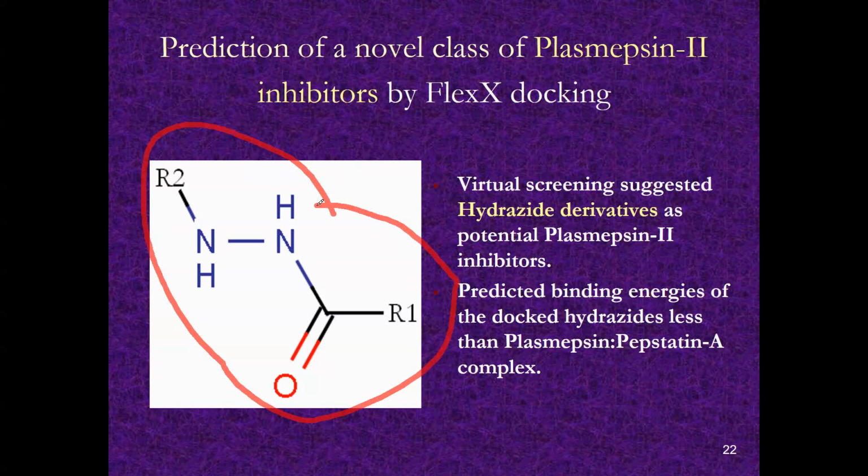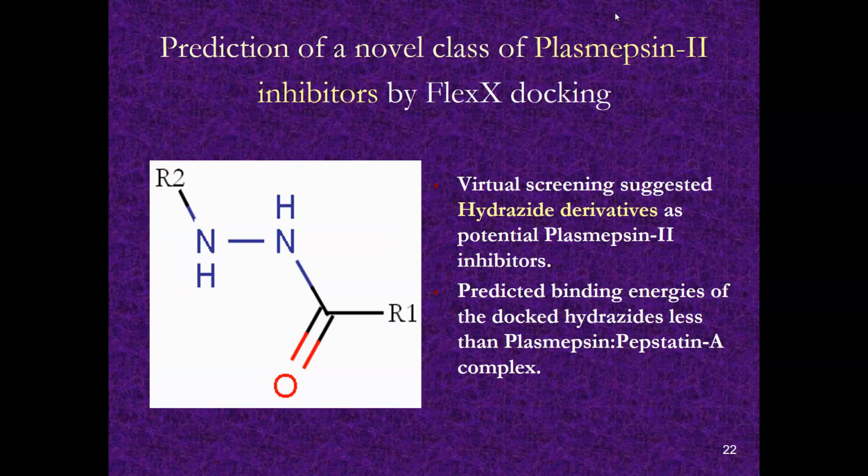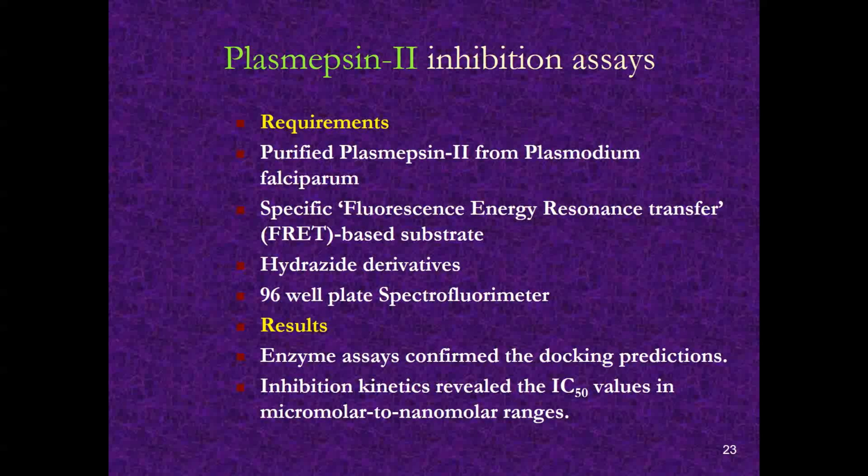So our predictions in the molecular docking told us that these type of compounds might be inhibiting in real life. Okay. So we got this idea from the ligand docking.